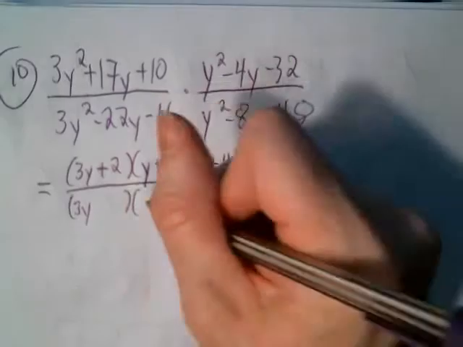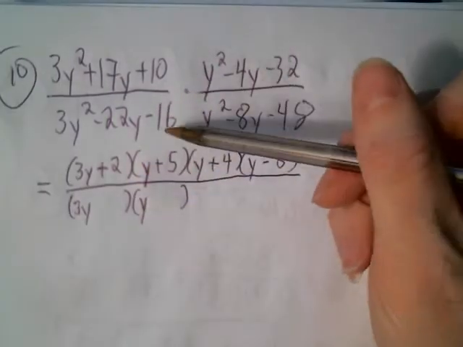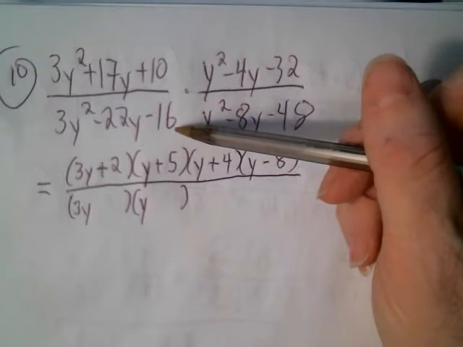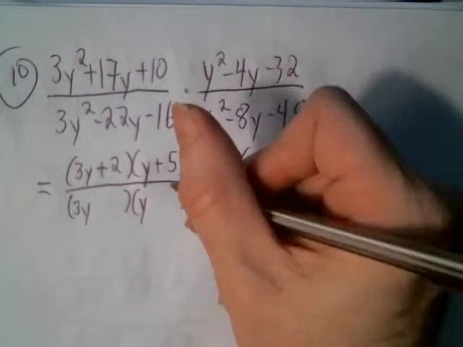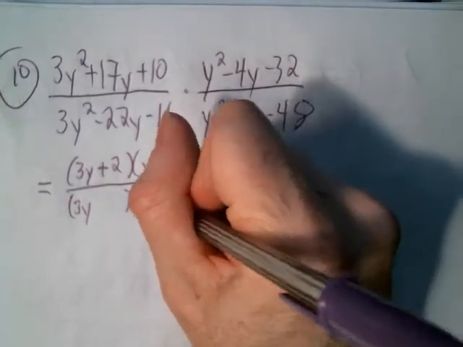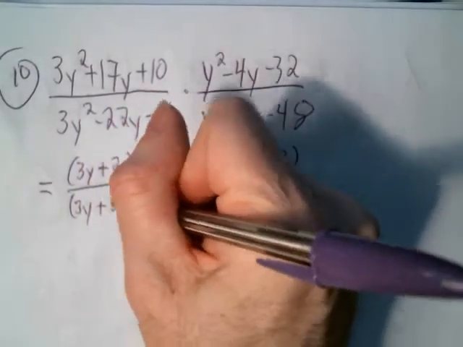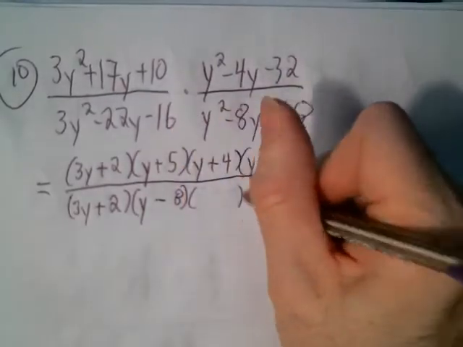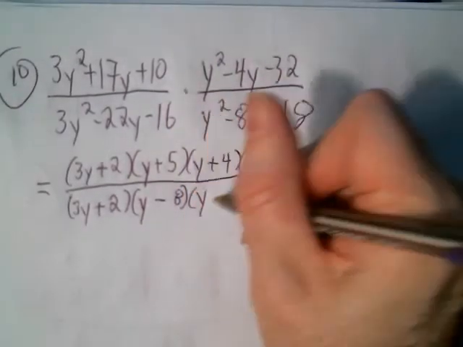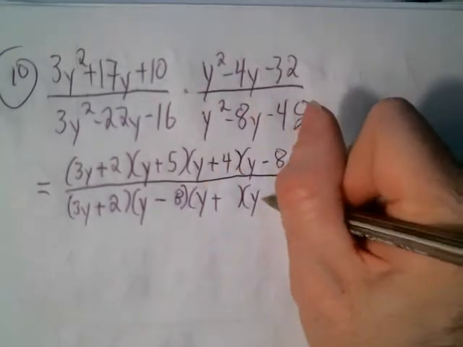So it's like 3y and y. And then, can we go with 16 and 1? No. 8? Yeah, 8 and then 2. So you want 8 to be negative, and then 2.